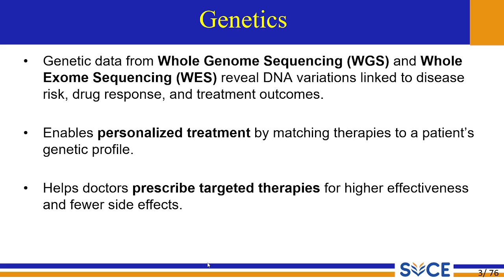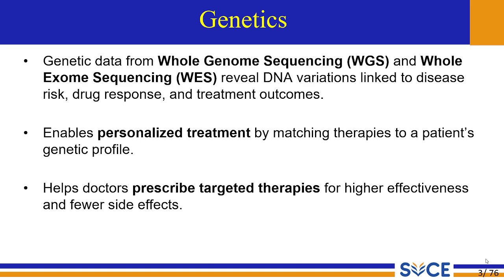Genetics plays a huge role in precision medicine. Whole genome sequencing and whole exome sequencing reveal variations in your DNA that affect disease risks and drug response. AI helps match therapies to your genetic profile, making treatment more effective and reducing side effects.